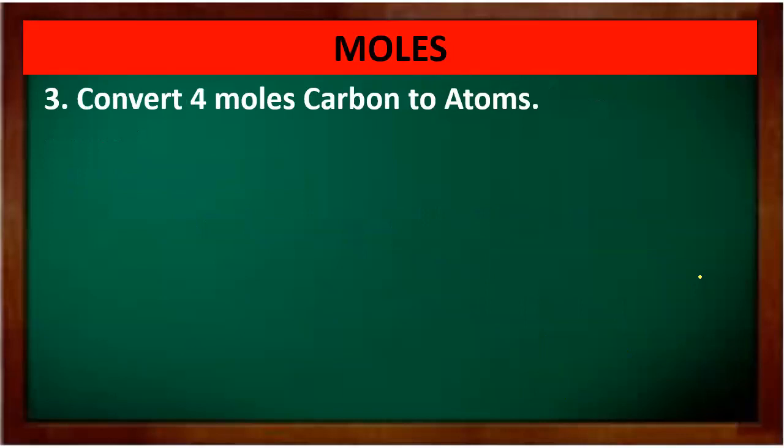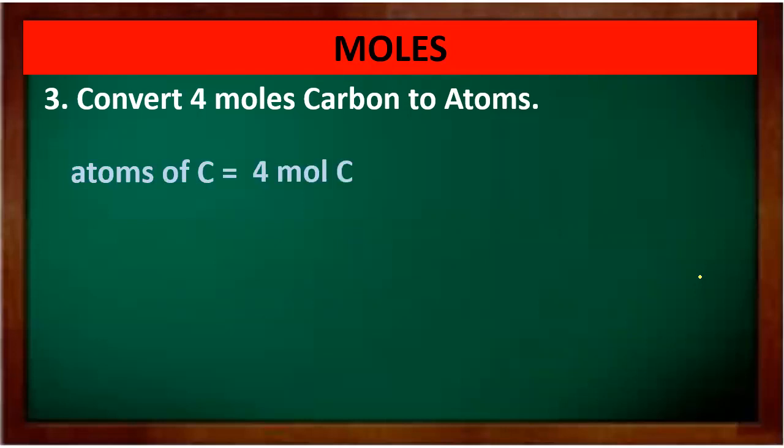So ito, alam natin na meron tayong element, carbon. Meron tayong given 4 na moles of carbon, i-convert natin to atoms. So ito, straightforward pa rin yung computation natin. Gamitin natin yung value ng Avogadro's number natin. Pero ang magiging unit niya ngayon ay hindi molecules, kundi atoms. So the question is, number of atoms of carbon.